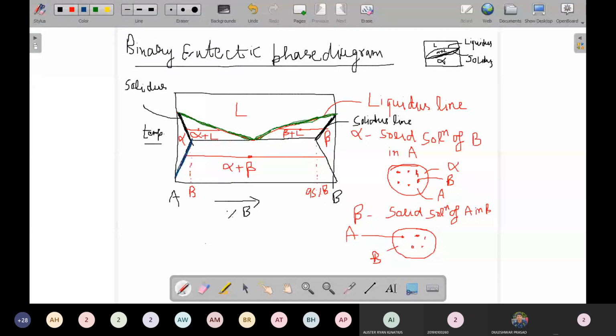If you remember the definition that I discussed long ago in module 2, the line which separates one solid region from two other solid regions is known as the solvus line. So this is the solvus line.